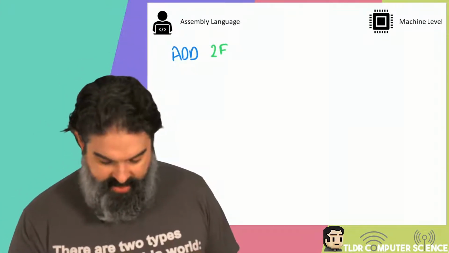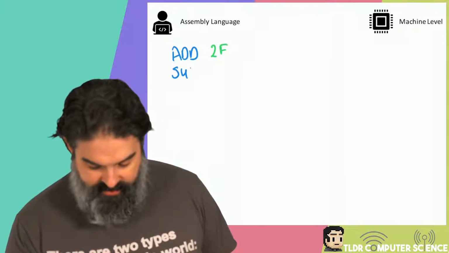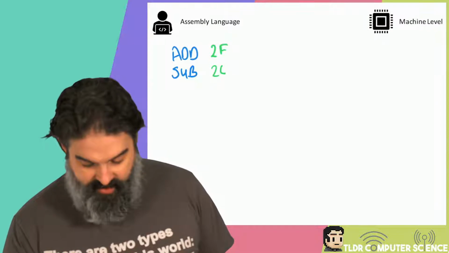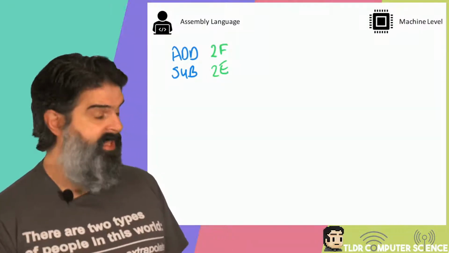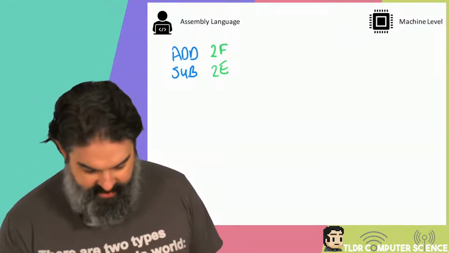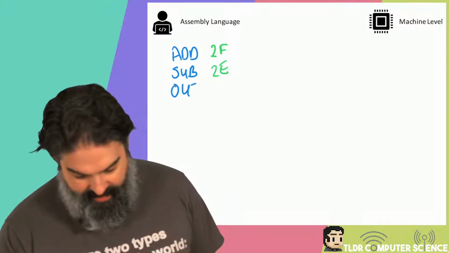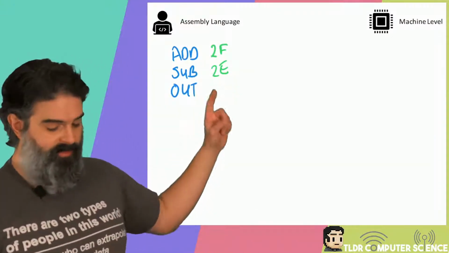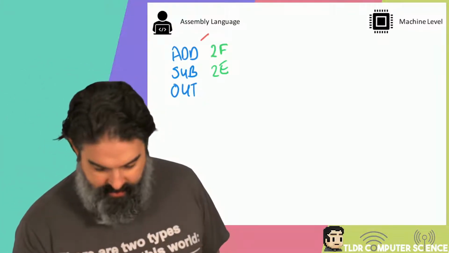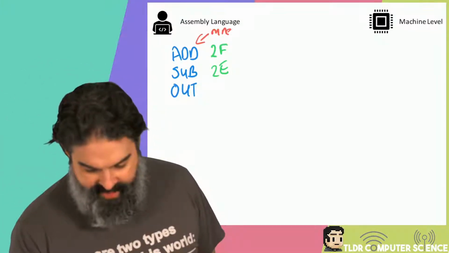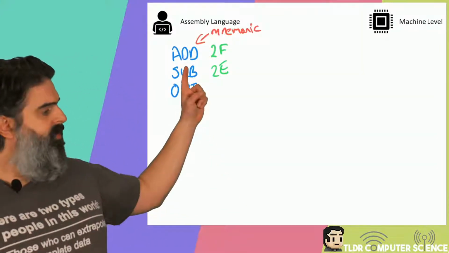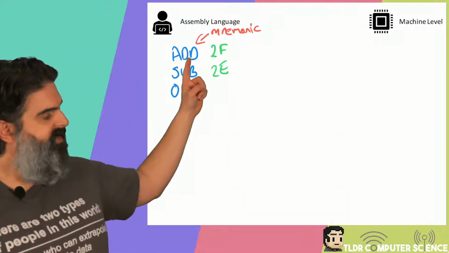And then we could then subtract what's in 2E. And so this would be changing the value that's held in the accumulator. And at the end of it, you could then say output. Okay? These are called mnemonics, silent M. And that is an example of assembly language.